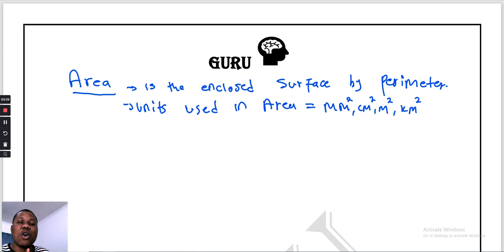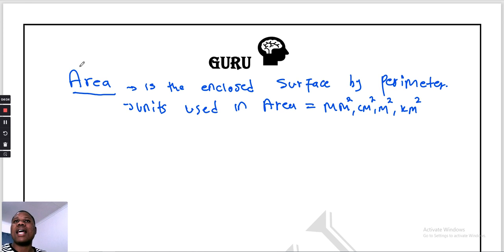In perimeter we only worked with millimeter, centimeter, meter, and kilometer. But in area it is different: we're going to talk about millimeter squared, centimeter squared, meter squared, and kilometer squared. I will show you how they become centimeter squared, millimeter squared, or kilometer squared.